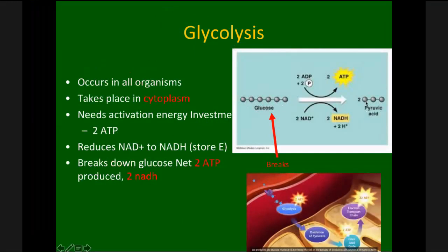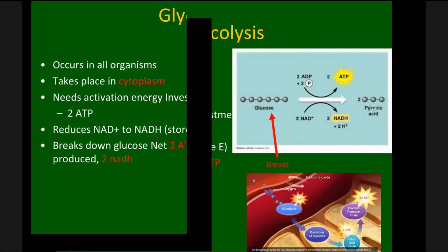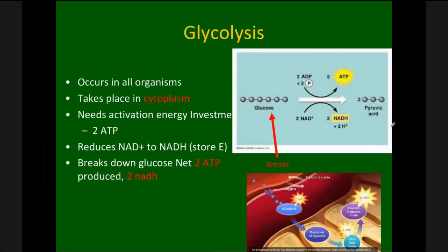And notice how we're going to yield 2 three-carbon pieces. Those 3 carbon pieces are going to be pyruvic acid. So if we break this bond during glycolysis, we're going to yield 2 of these pyruvic acids. They'll be edited a little bit by some enzymes and converted into pyruvate.